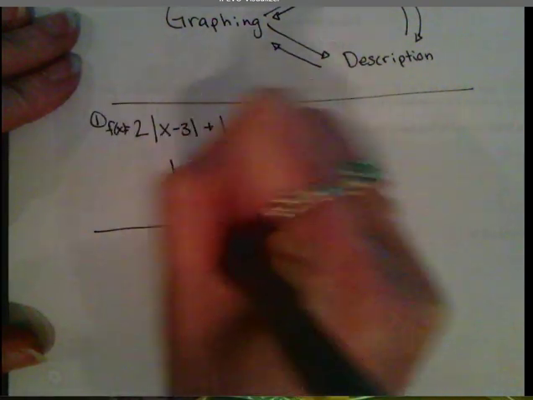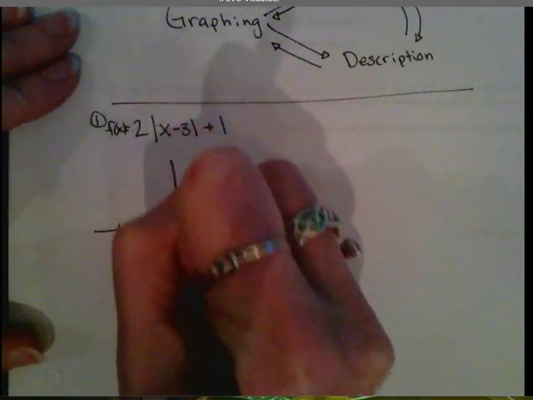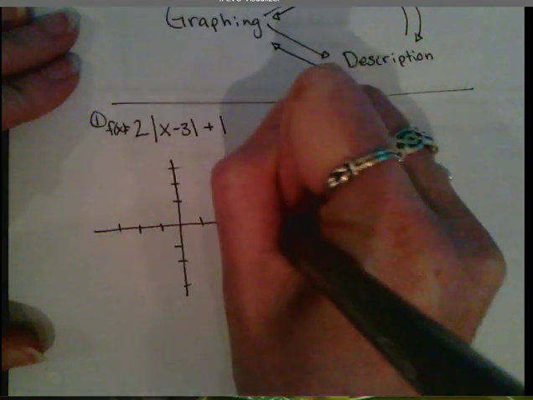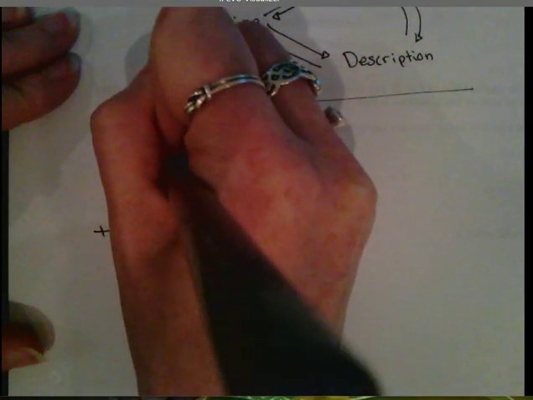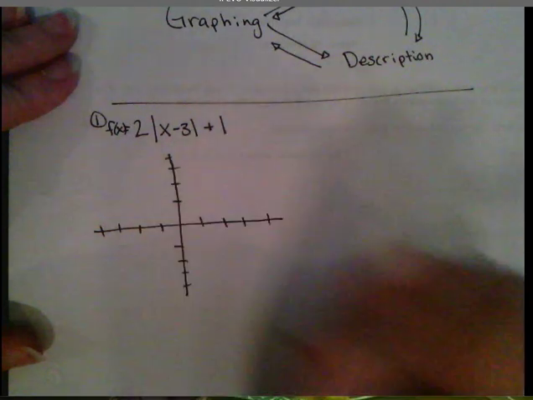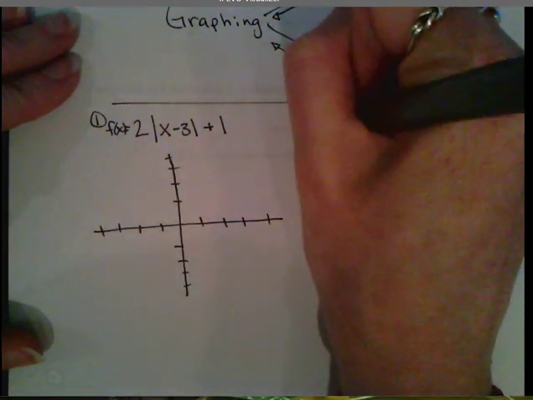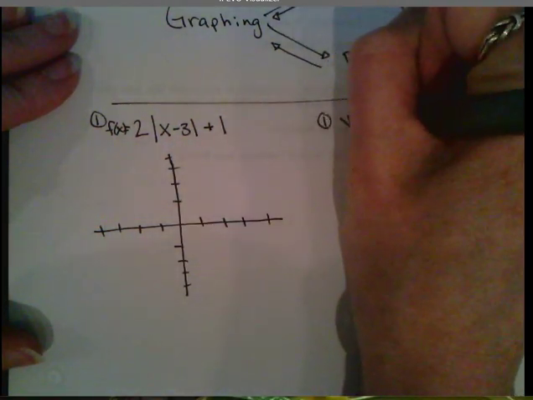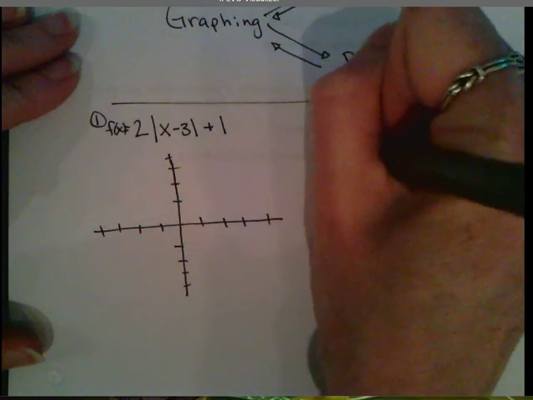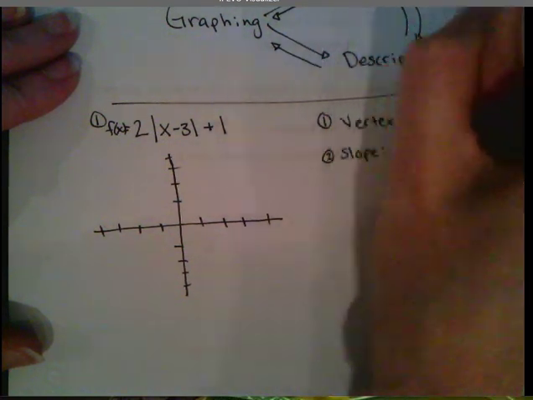There's some important information we need in order to do that. So the two things we need are our vertex and our slope. And both of those we can get from our equation.